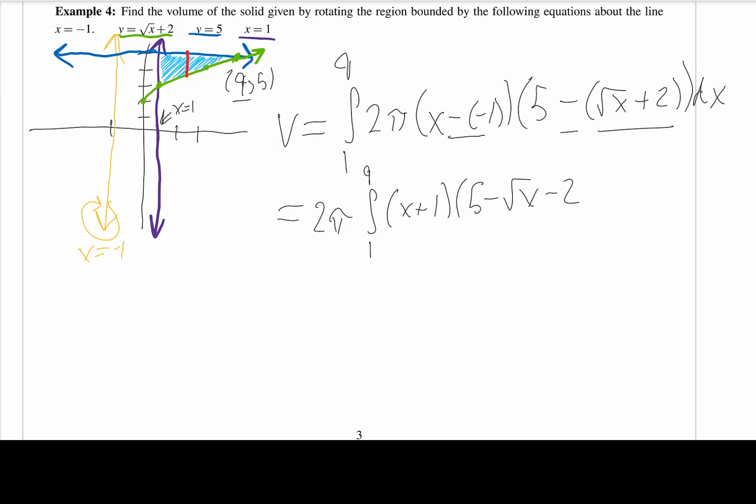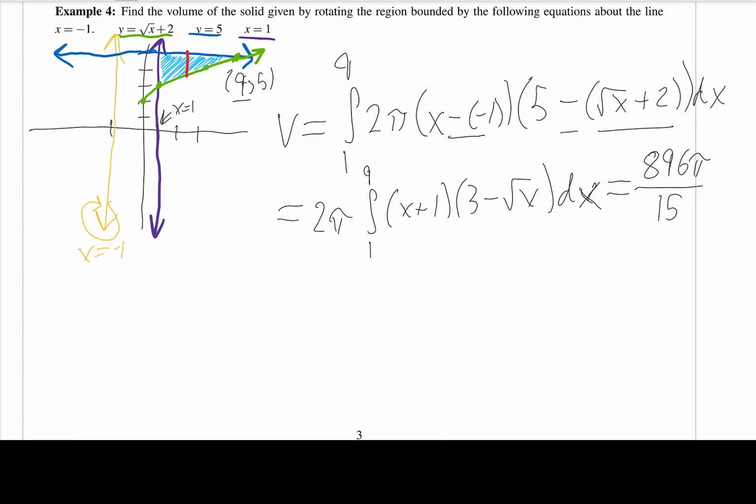So this would be 5 minus 2, which is 3, dx. And then from there, we can FOIL out, integrate to get an answer. And the answer that we should get is going to be 896 pi over 15.